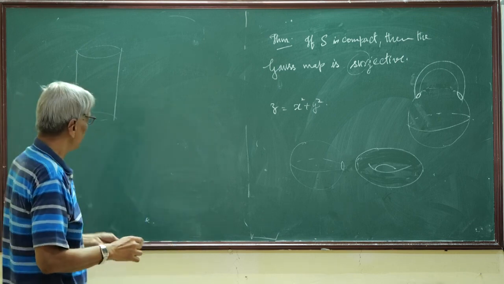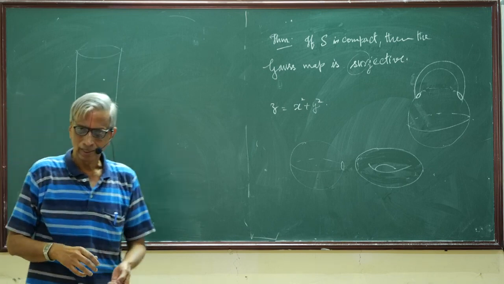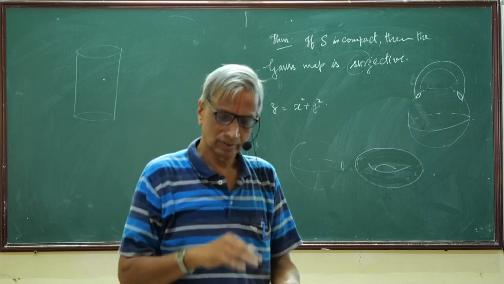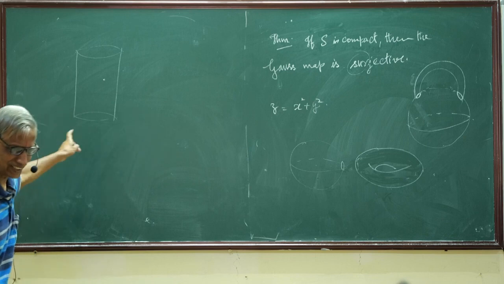So if you take a point on the cylinder, what is going to be the tangent plane? Okay, let's write it down and see.